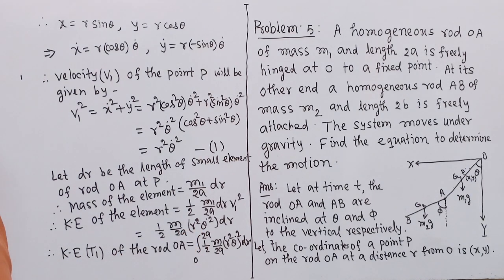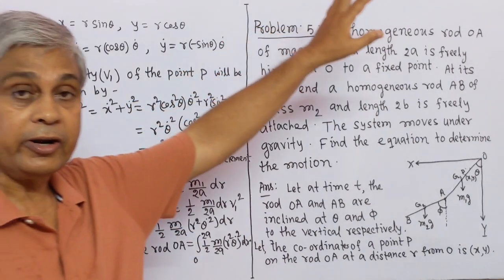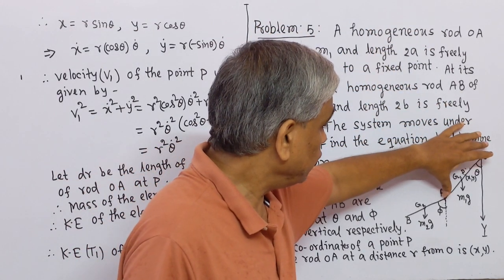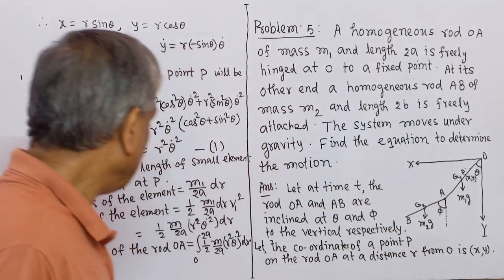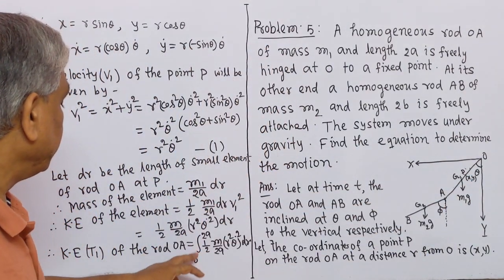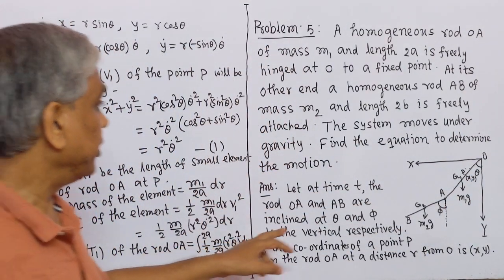Now the kinetic energy T1 of the entire rod OA will be the integration of this quantity with limits 0 to 2a.